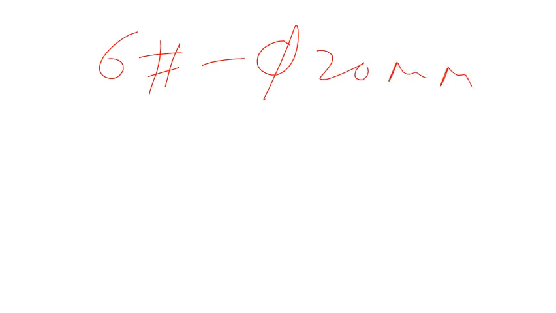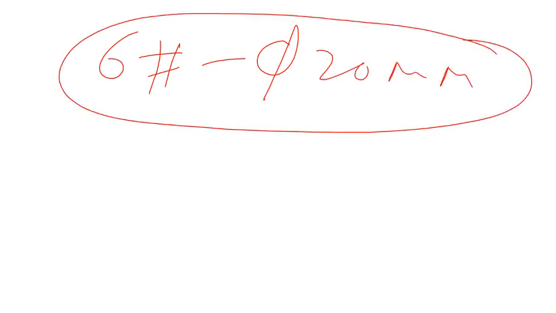So we are going to provide 6 numbers of bars, each having phi equal to 20 mm, and the area will be nearly equal to 1881, the total area of the longitudinal steel bars, or the main bars. Now this is for the main bars.